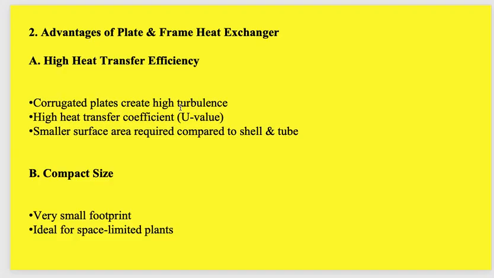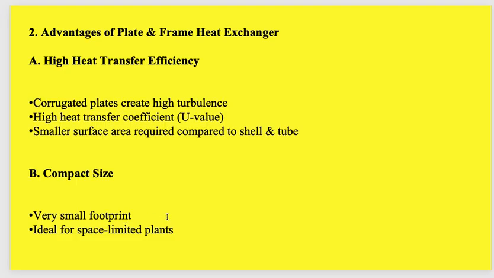This high turbulence is required to maximize the heat transfer coefficient U, as we know in the general equation Q = U A delta T. By increasing this turbulence, you increase the efficiency of the contact between the cold side and hot side. So you use a small compact area in the field, but the exchange area is very high. So compact size is one of the advantages of this type of exchanger.